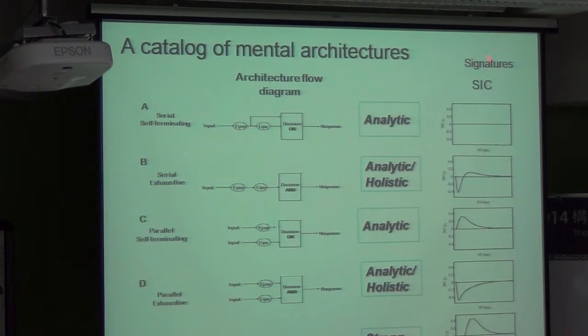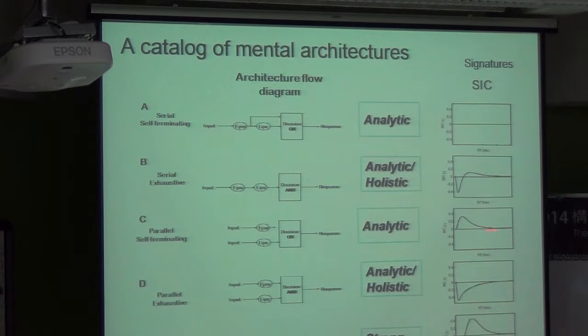So on the right-hand side, these are different signatures revealed by systems factorial technology. These are called the survivor interaction contrast function. Here, this function is flat. So see, at the moment, this is a signature, an indicator. If the outcome is flat, then this is the underlying architecture. If the outcome is negative and positive with equal areas, then this is serial exhaustive.